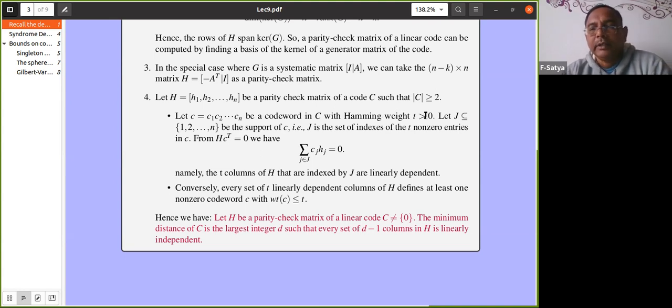What is the meaning of that? So listen to this carefully. Let J be contained in 1 to n such that J is the support of C, that is, the set of indices of the t non-zero entries of C. Are you following this?